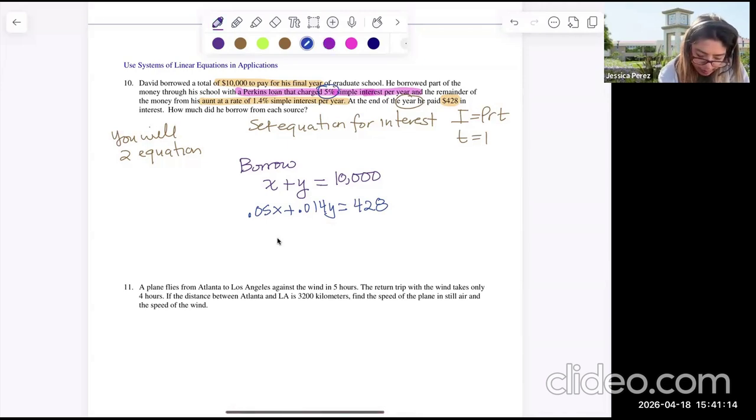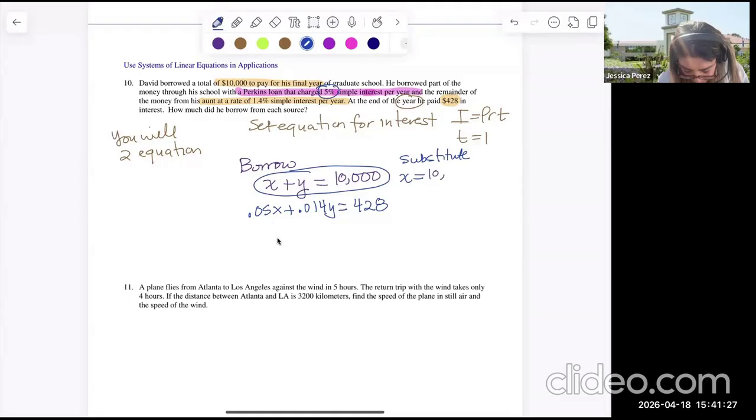So what I'm going to do is I'm going to use the substitution method. And then I'm going to solve for x. So if I solve for x, I get x is equal to 10,000 minus y.